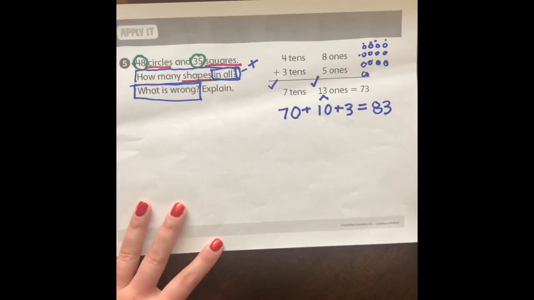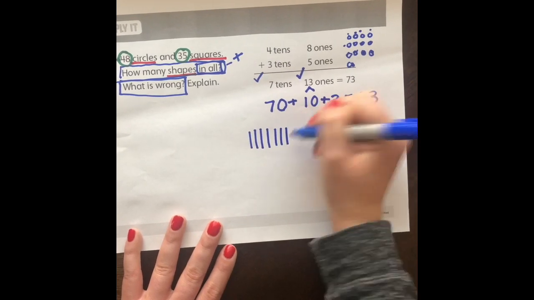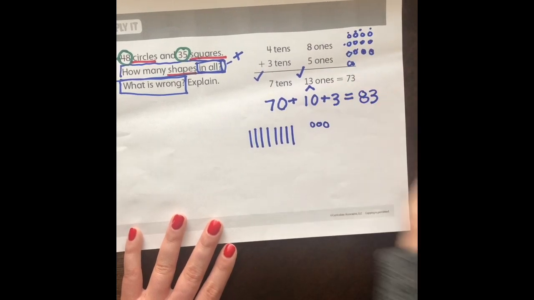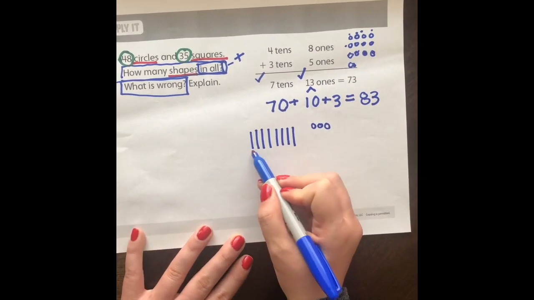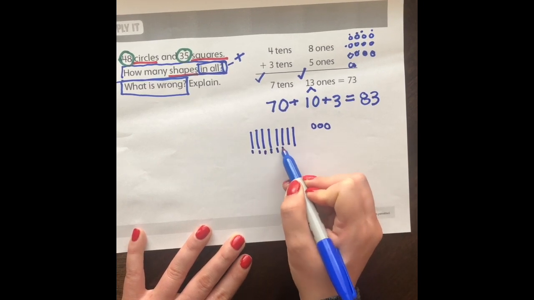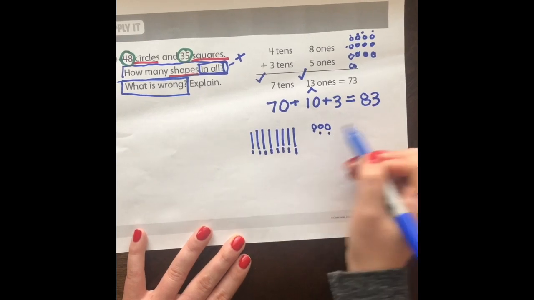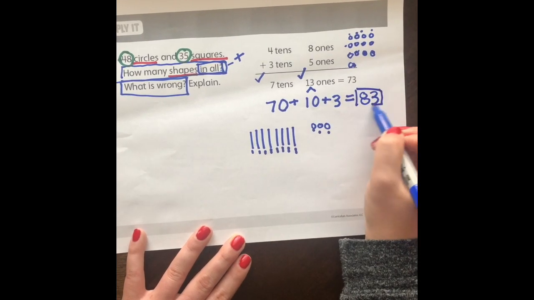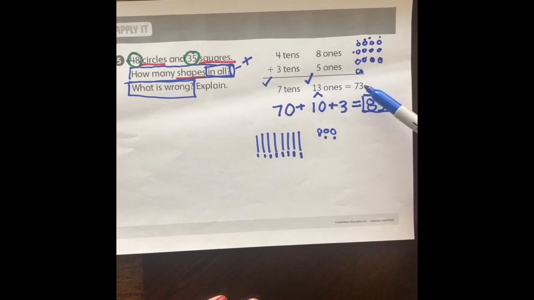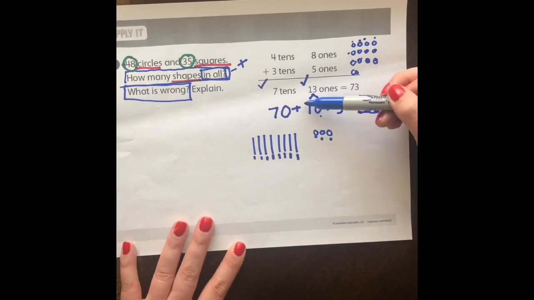And let me show you the work for that. We have 7 tens, 3, 4, 5, 6, 7. We're adding 1 ten, and we have our 3 ones. Count with me. 1, 2, 3, 4, 5, 6, 7, 8. 81, 82, 83. The answer should be 83. So they added these 3 ones here, but they forgot about the 1 ten here, which is what we did right here.